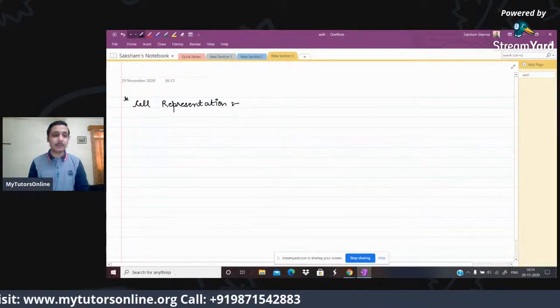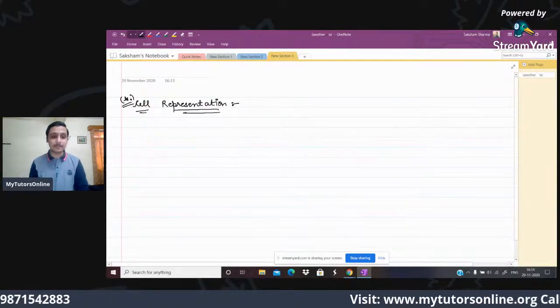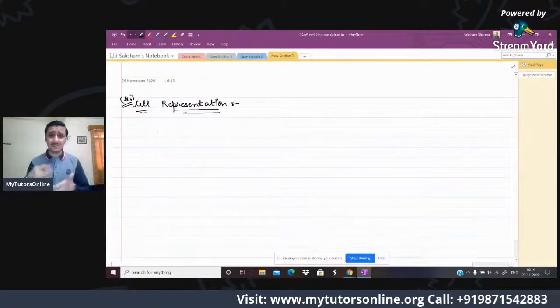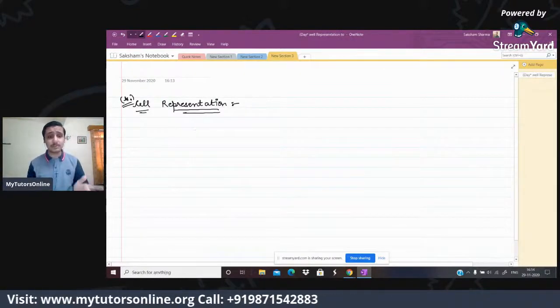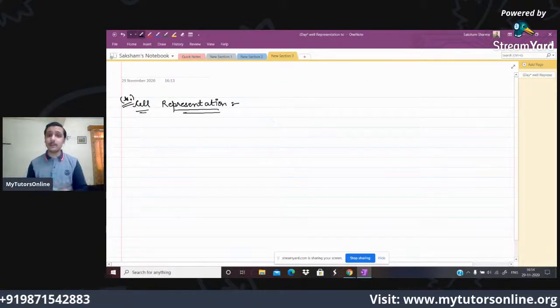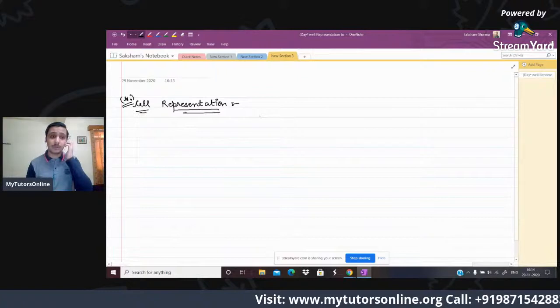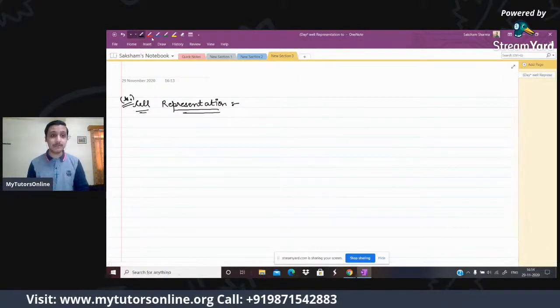This is a very important topic, because if you don't know how a cell is represented, you cannot solve any type of questions in your board exams. In board exams the questions will be directly asked, you will be given a format, a type of cell, and there will be some reactions you have to solve. So if you don't remember this cell representation, it is going to be very troublesome for you.